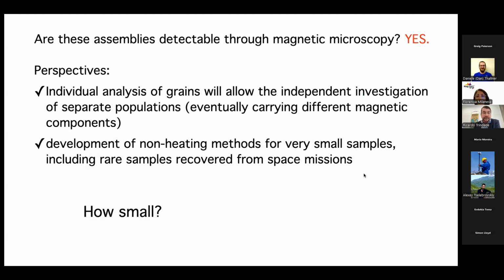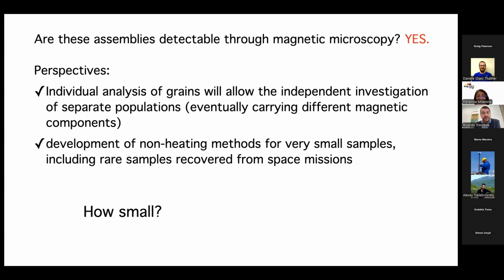So the question is if those assemblies are detectable through magnetic microscopy. Yes, they are. And the important thing about this is that if we can obtain the full vector from each grain, now we are able to go forward and analyze each grain or grain population individually, and then do measurements from different populations from the same thin section, or the same field of view in the case of the QDMs.